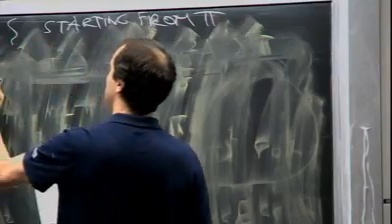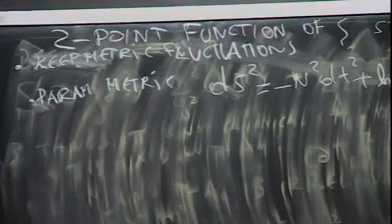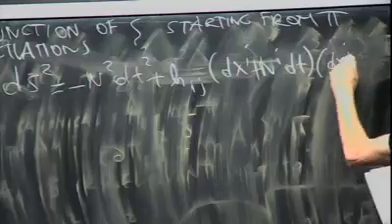Now, first of all, we have to parameterize the metric. And it's very useful to use the ADM decomposition. So we get minus N squared dt squared plus h_ij (dx^i plus N^i dt)(dx^j plus N^j dt).